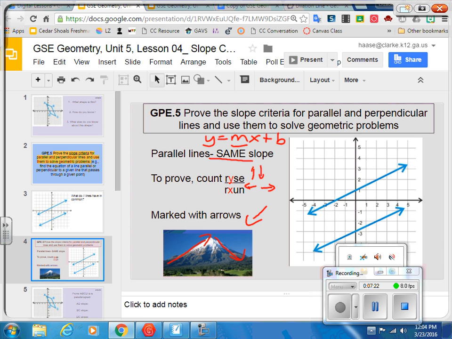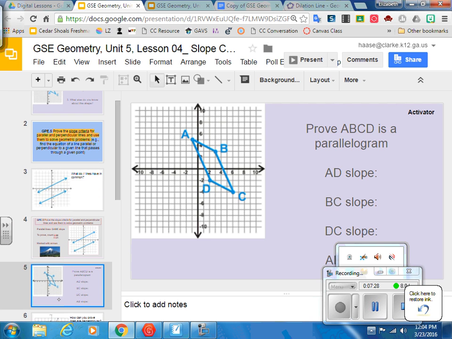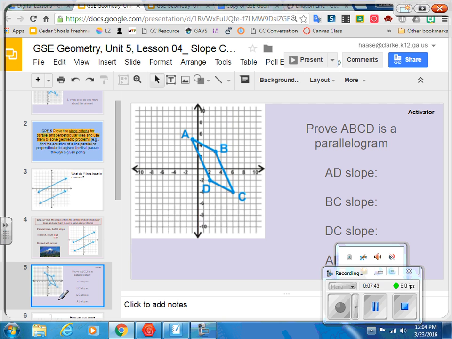So, if I give you parallel, that's what shape we're going to go back to. If we go back to this here, you told me it was a parallelogram. How can I prove that the opposite sides are parallel? I have to count the slope, and the slope should be the same. So let's find the slope for AD.